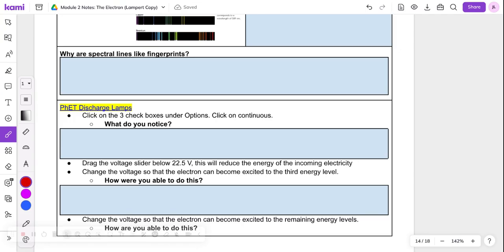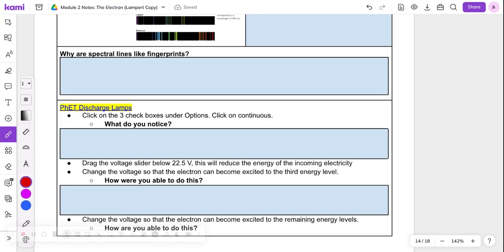And why do they? All right, so any thoughts? Why do y'all think that these are like fingerprints? They each have their own unique spectral lines. Like they're like the same, but they're different. Lines. Same different. All right, awesome, thanks.